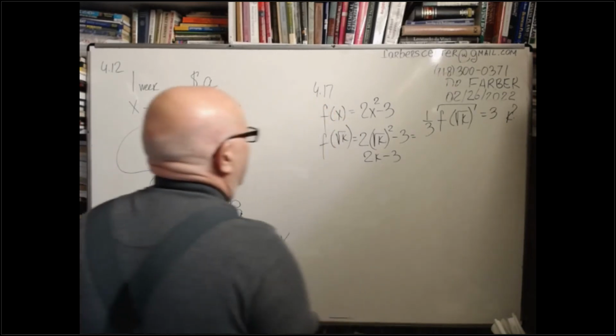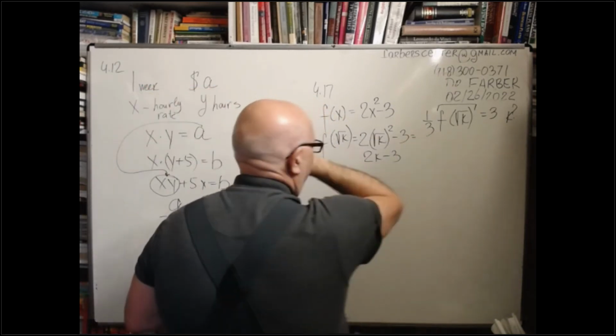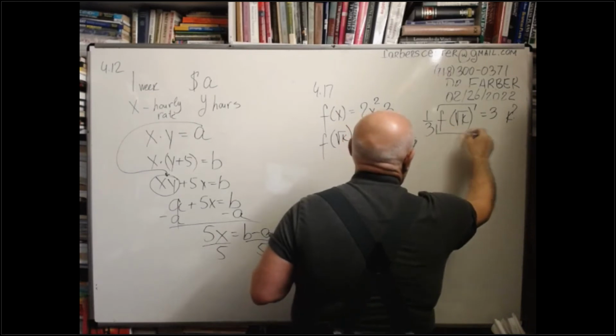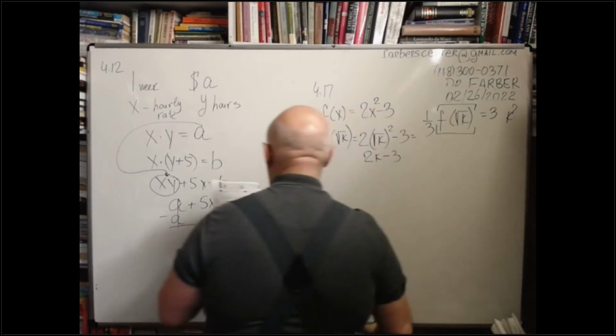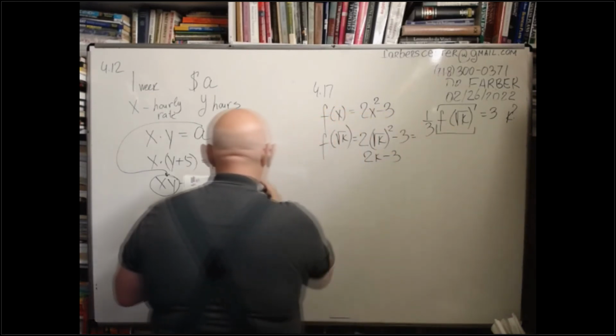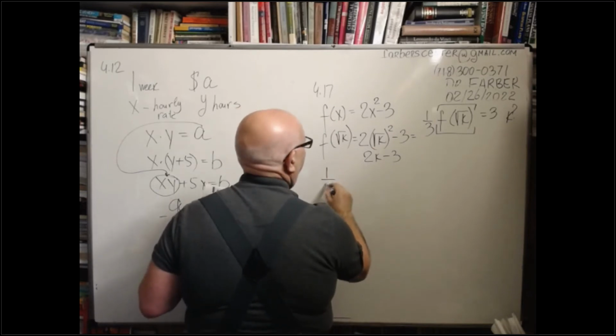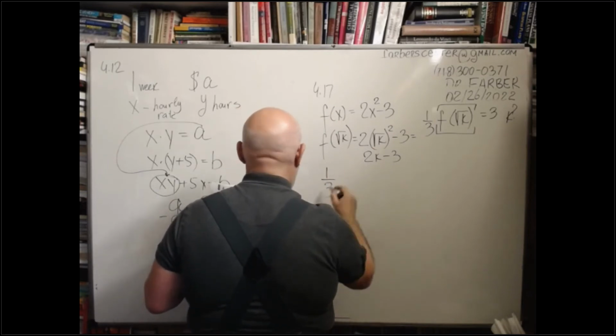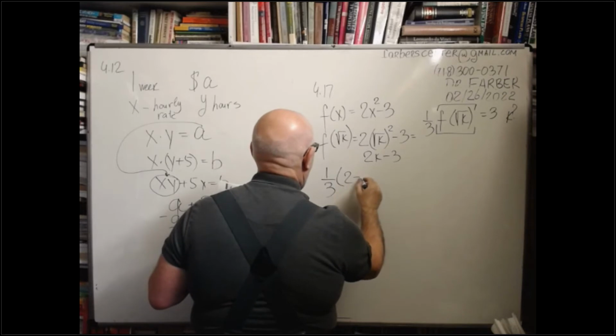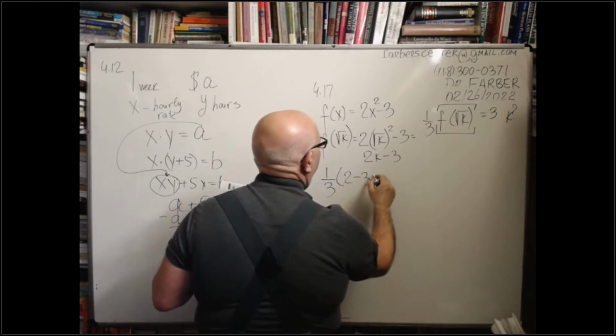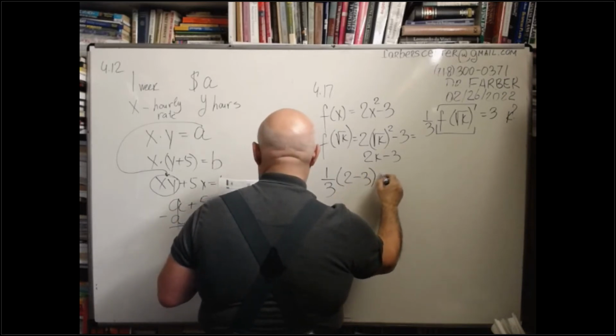Now plug in what you just found instead of f of square root of k. You can write 1 over 3 times 2k minus 3, and this equals 3.